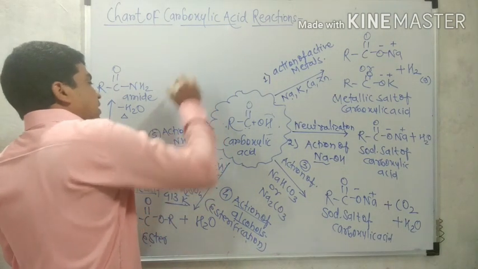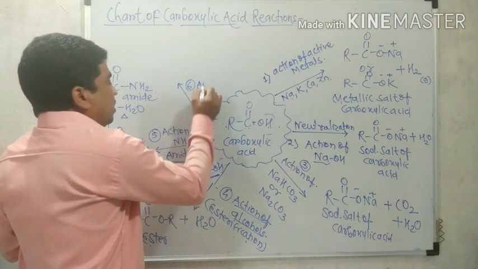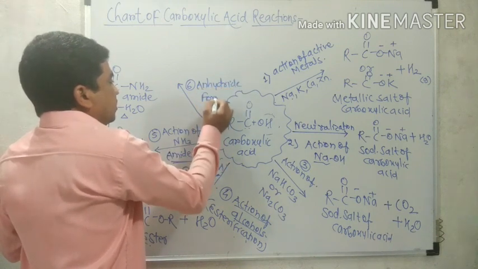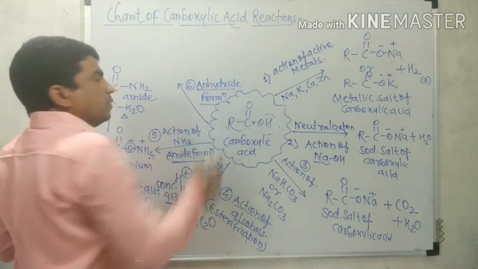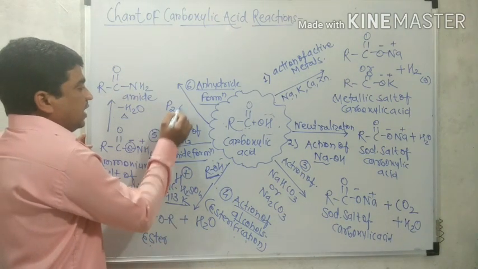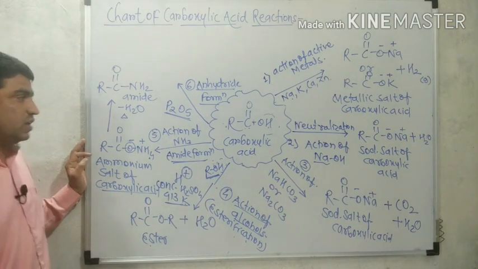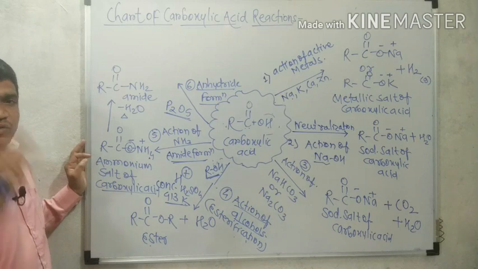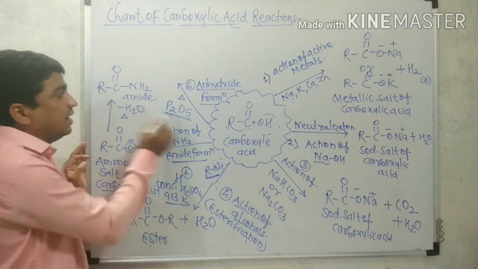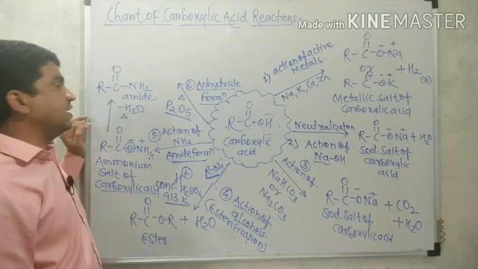Now next, reaction number 6, that is anhydride formation. When two molecules of carboxylic acid are heated with the dehydrating agent P2O5, that is phosphorus pentoxide, this reaction is also called dehydration reaction.